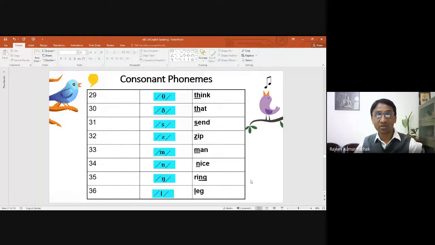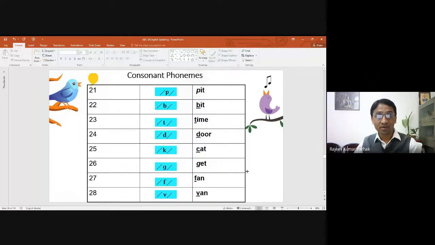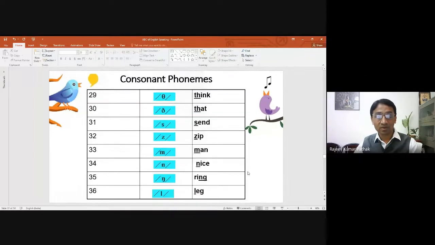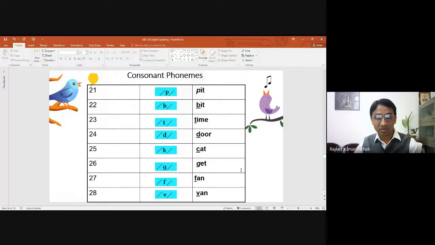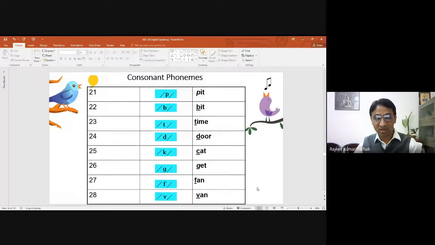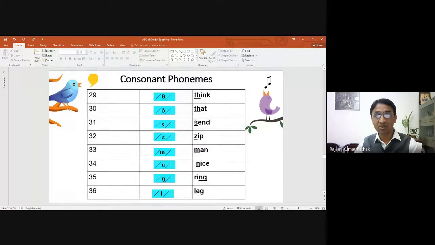After this, we have th sound. Then 29, th. This is known as th sound. In Hindi, we have th; similar th is also there.